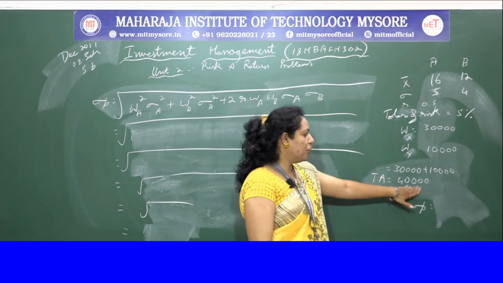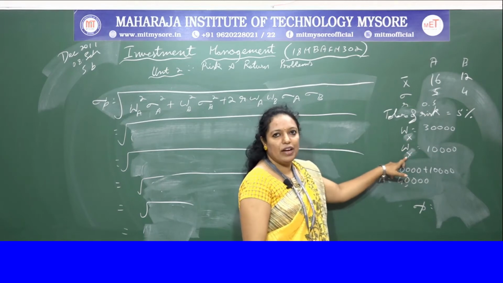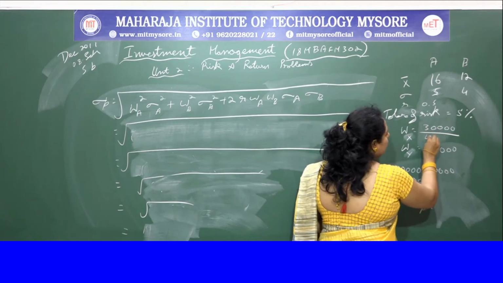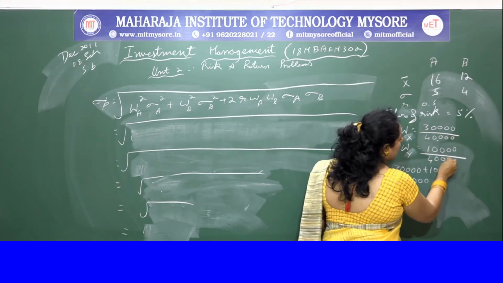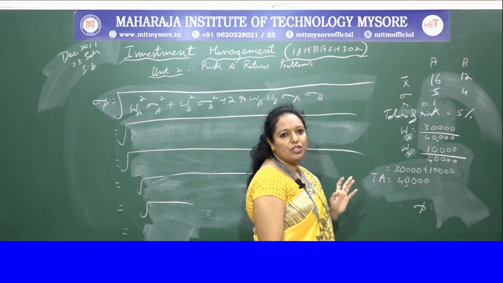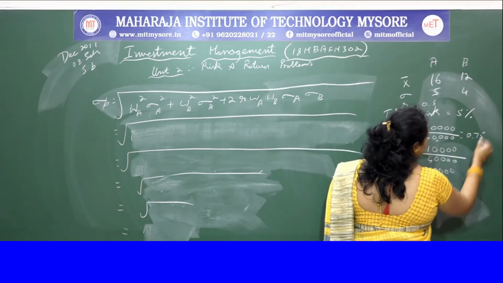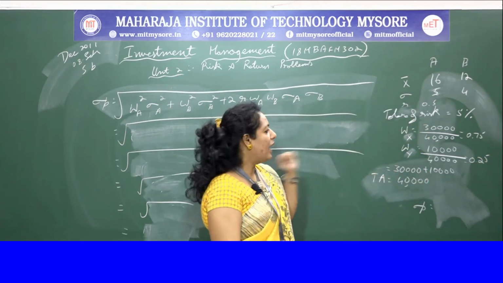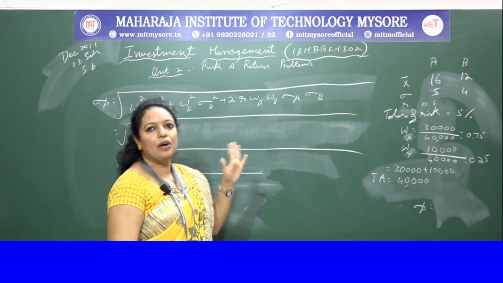Now, out of this 40,000, 30,000 is for X and 10,000 is for Y. The method is 30,000 divided by 40,000 and 10,000 divided by 40,000, that is the common base. So you get 0.75 and 0.25, nothing but 75% and 25%. So those are the weights.